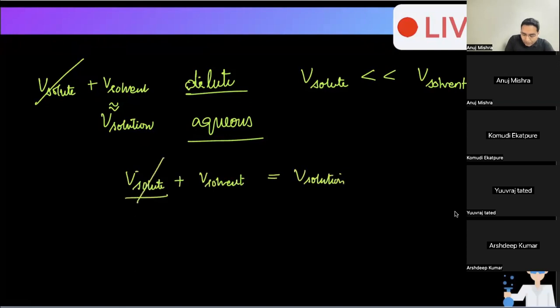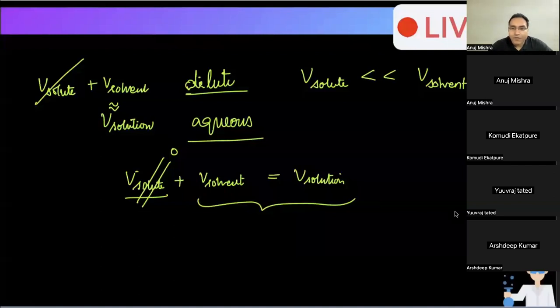And this is very, very small. So if this is almost nil, too small in front of solvent, then we can say solvent and solution are almost similar, or on similar lines. Is that okay? Is this clear to everyone? Yes. Now come to the next part.